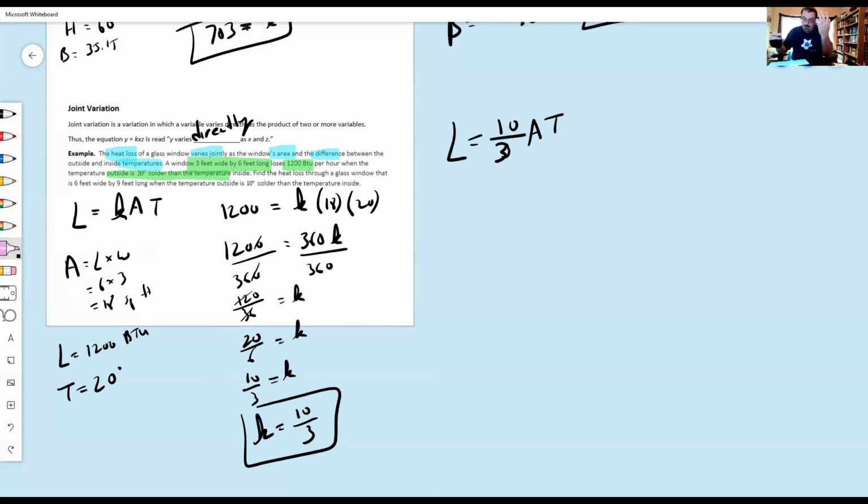answer the question. So find the heat loss through a glass window that is 6 feet wide by 9 feet long, and the temperature difference is 10 degrees.